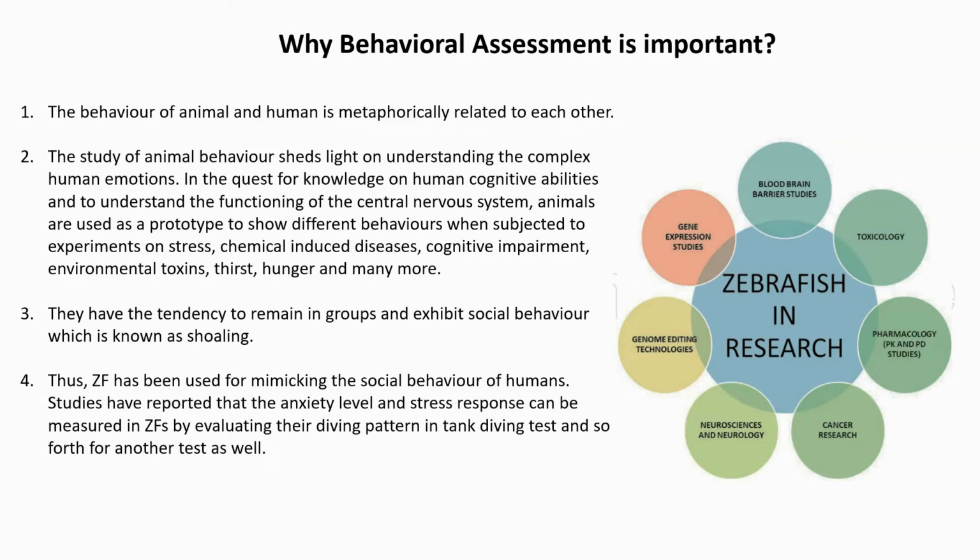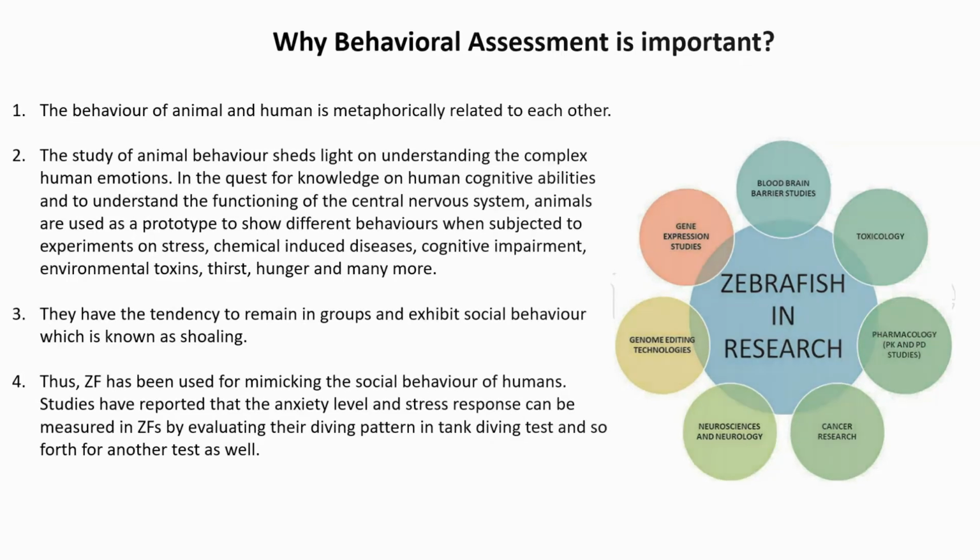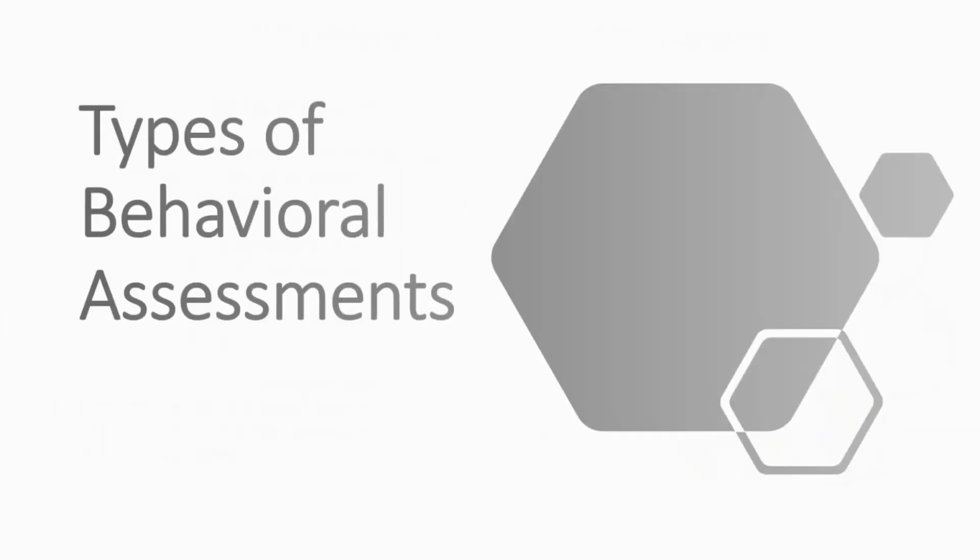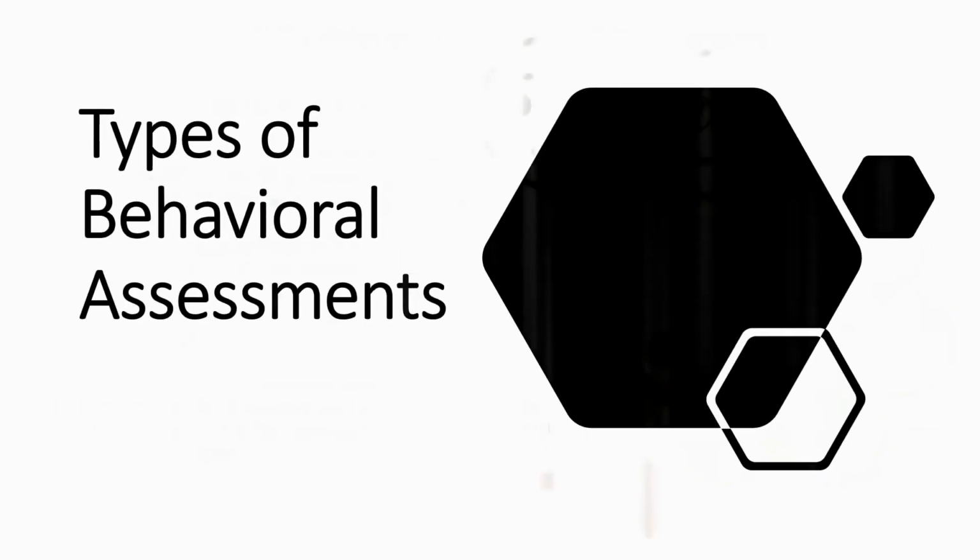So thus, zebrafish has been used for mimicking the social behavior of humans, and studies have reported that the anxiety level and stress response can be measured in zebrafish by evaluating their diving patterns in a certain test which is called the tank diving test, and another test as well, which we will see in a couple of minutes. So now, let's see what the types of behavioral assessment are.